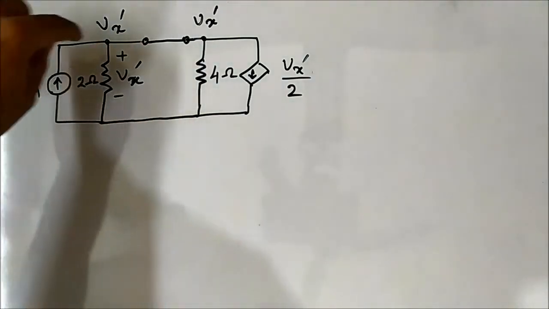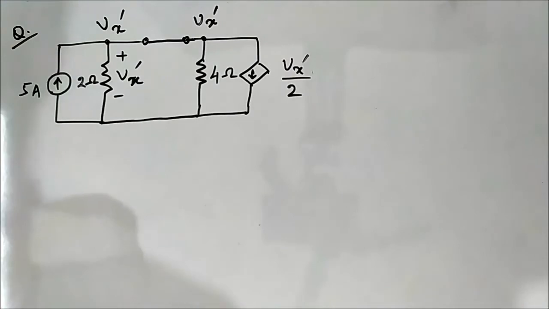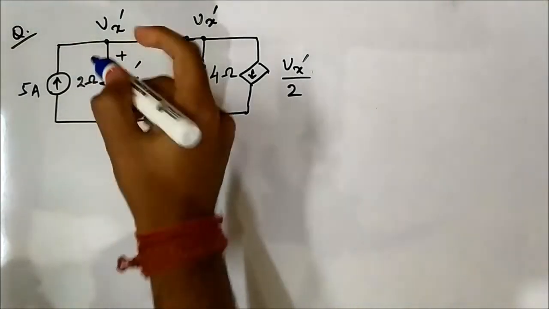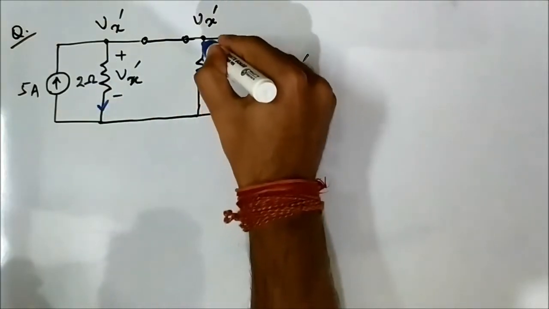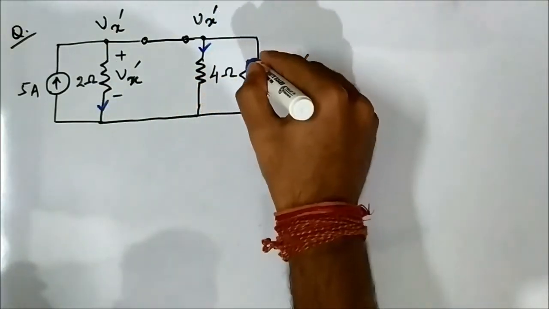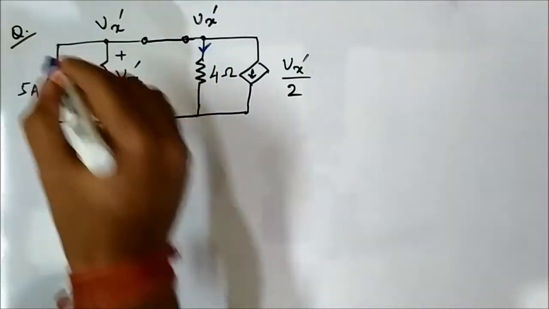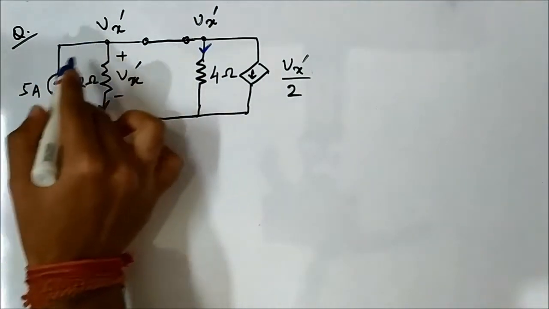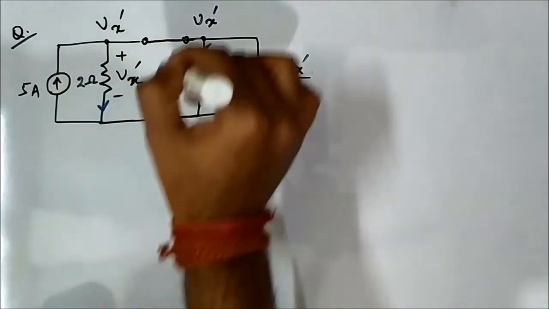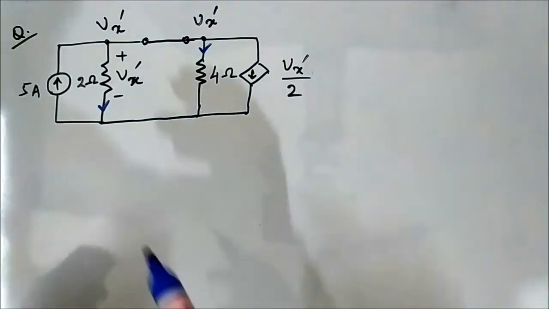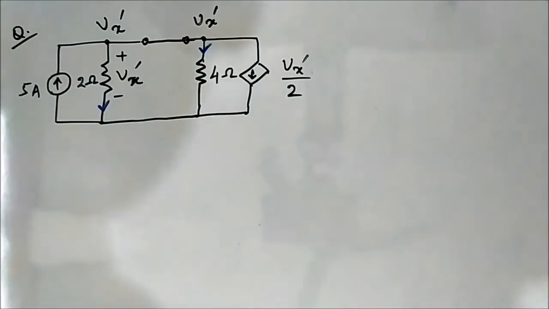Now we will apply nodal analysis here. Let this current direction be like this, here also like this. So 5 ampere is going towards this node and all the other currents are going outwards away from the node.